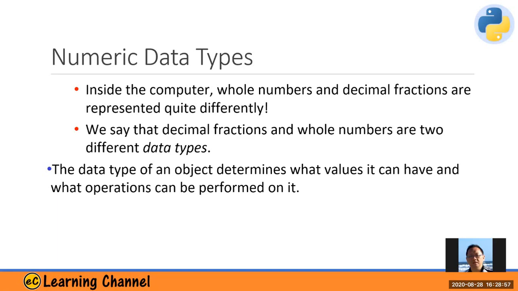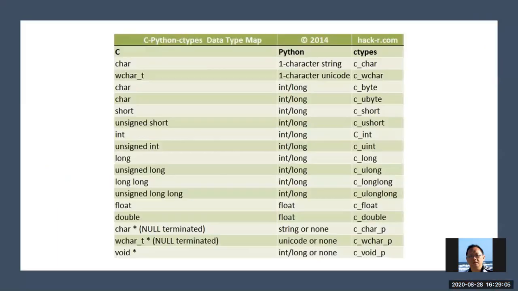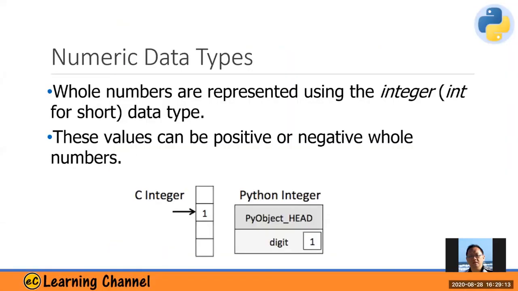Then we use the eval function, the integer function, or the floating point function to convert it into the right data type. Here we have C language data types. There are so many, right? But in our Python, there are only 4 types: integer, float, Boolean, and string.